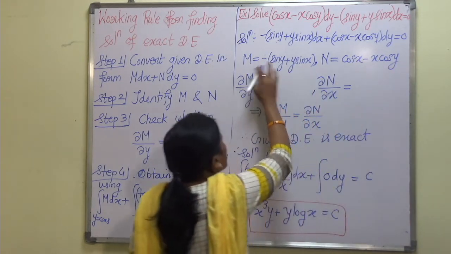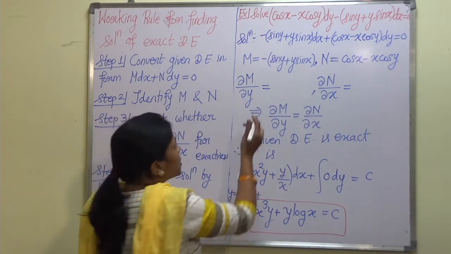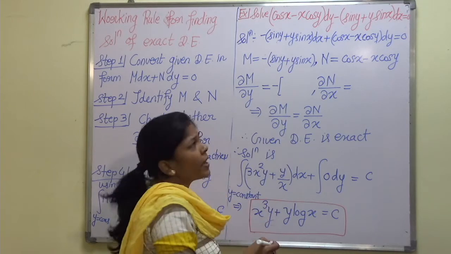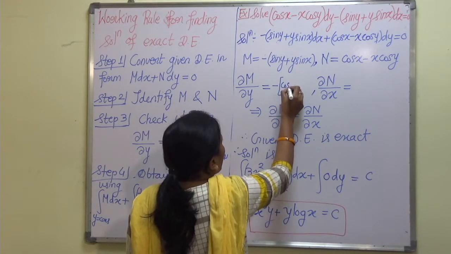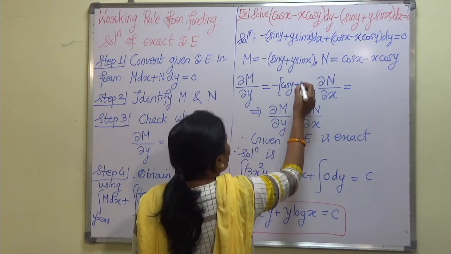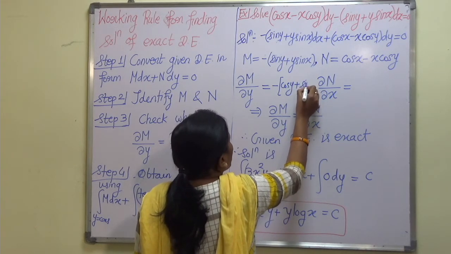Now differentiate M with respect to y. So it is minus outside. What is the derivative of sin y? It is cos y, plus sin x is constant, and the derivative of y is 1. So sin x.